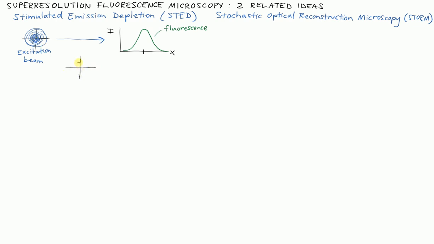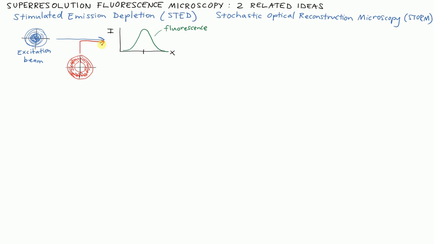A donut beam I will draw as best I can by hand here as some sort of beam that has a lot of intensity in a ring. It'll be brightest along some mid-region there that I'm trying to sketch in solid red, and it will have relatively little intensity in the middle. So that's our donut beam.